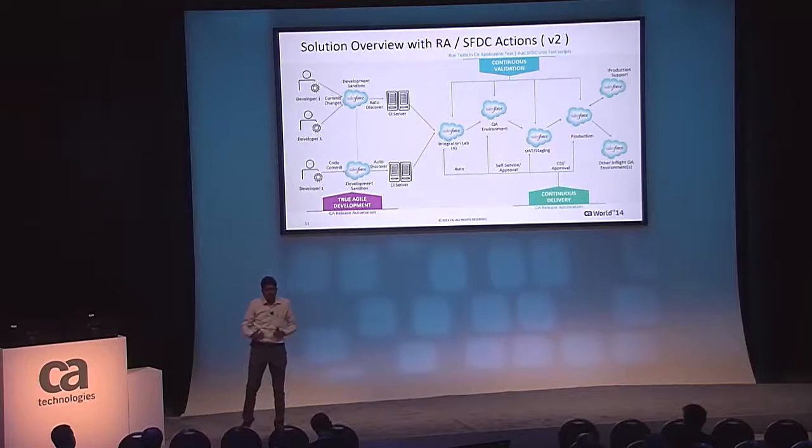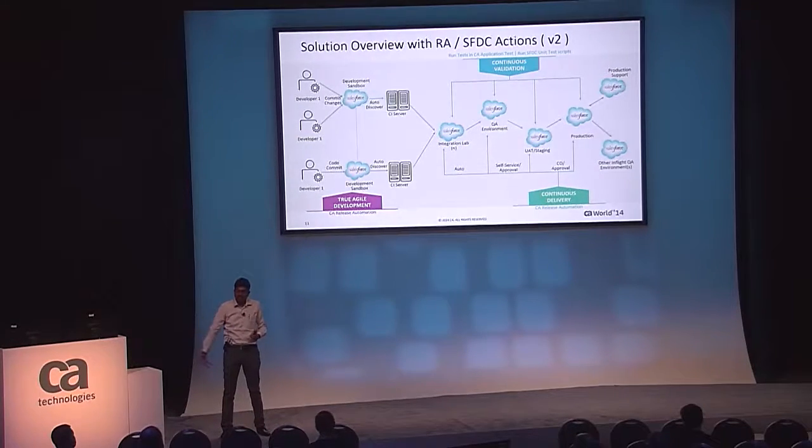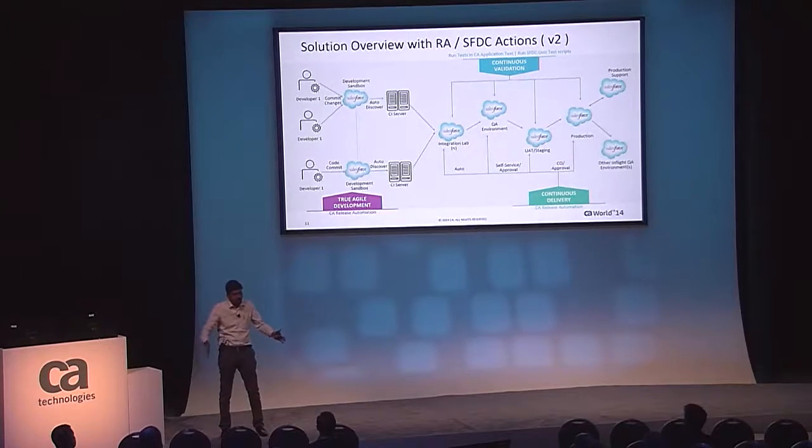For a given release, if I'm working on, say, 10 different things, and I have made those 10 changes in my dev environment, with this auto-discovery process, all these 10 changes would automatically flow in from dev to the integration lab. If there are failures, the failures would be given to the developer. The developer would go and fix the problem, right? So it's an iterative process. And the rest of the process is pretty much the same.